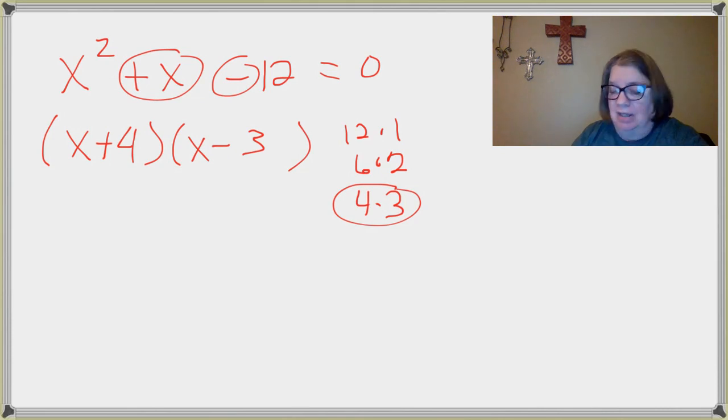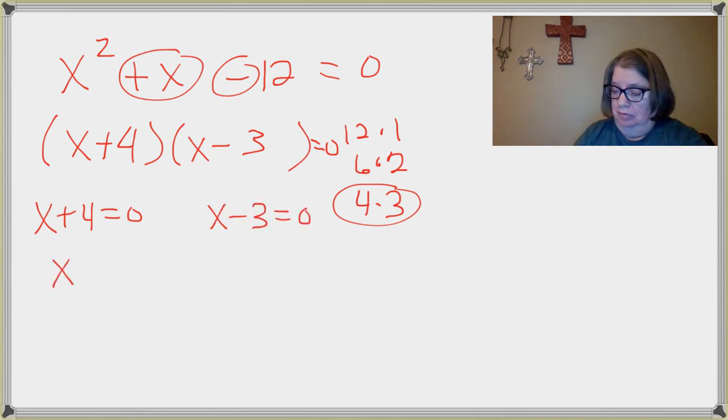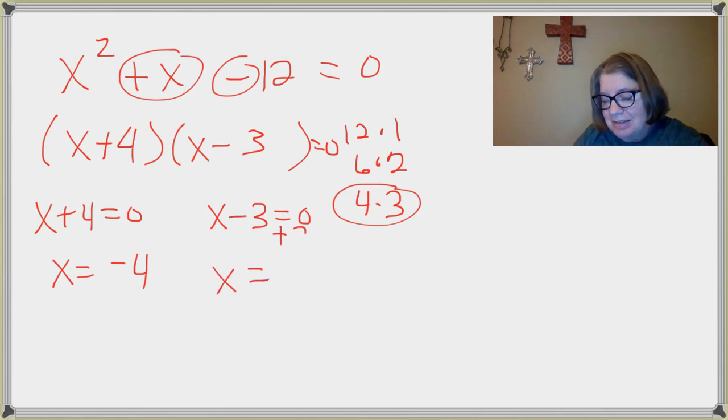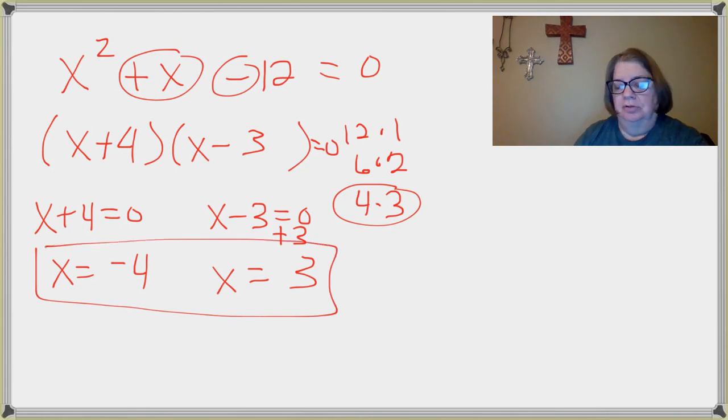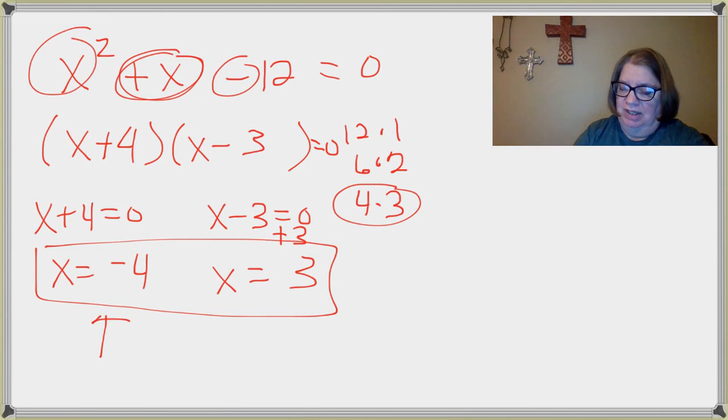Now, if that's equal to 0, that means either this factor is equal to 0, or this factor is equal to 0, or they both are equal to 0. This time, this would be positive 3. There are two solutions. That means if you take negative 4 and you plug it in for this x and for this x, you're going to get 0.